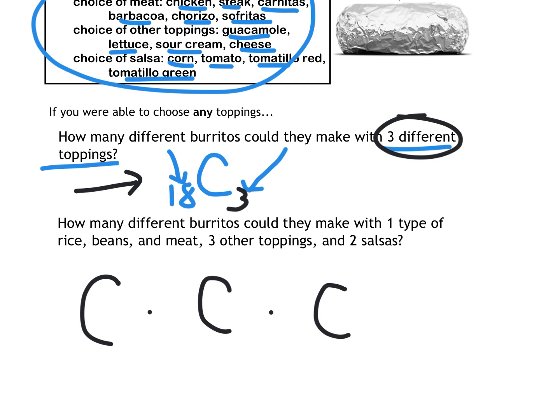What's that first C about? Rice. You need more C's than that. Dang, you're right. I thought I was reading it differently. You're right. I need more C's than this.